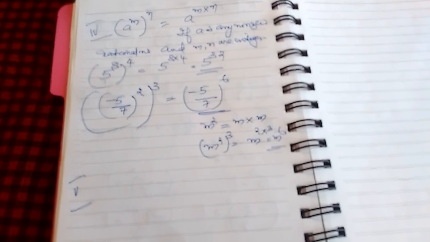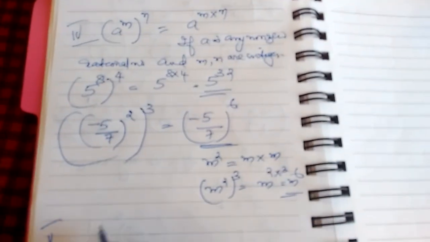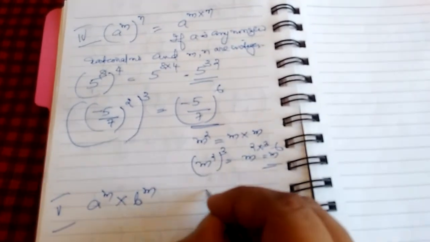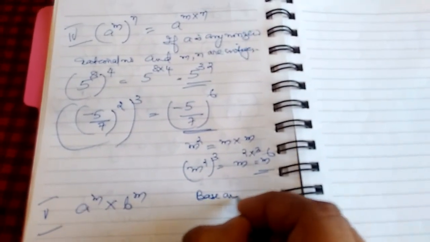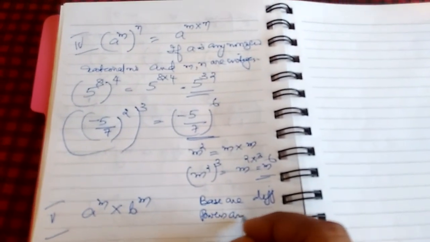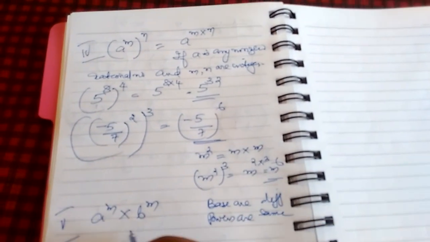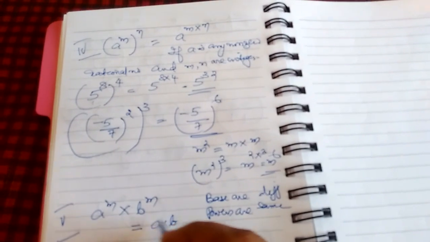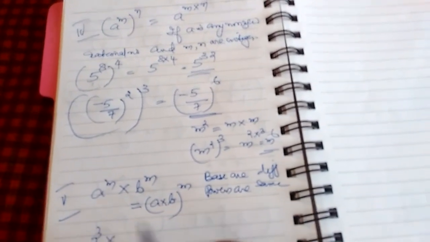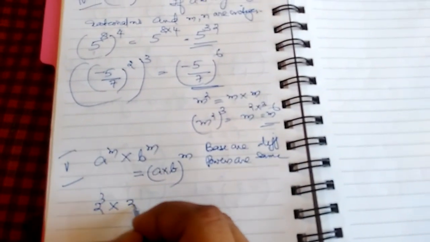Now the fifth law. Now, so far we had the same bases, but now we will have different bases. Okay, so the bases are different and the powers are the same. Here it is a^m × b^m = (a×b)^m. First we multiply the bases, then put the power, like 2^3 × 3^3.